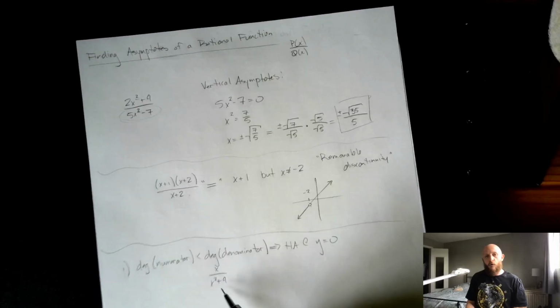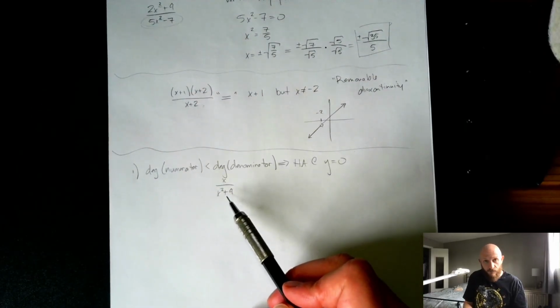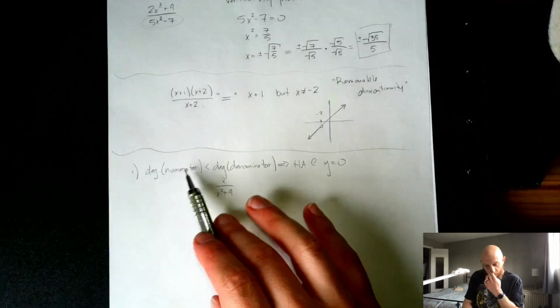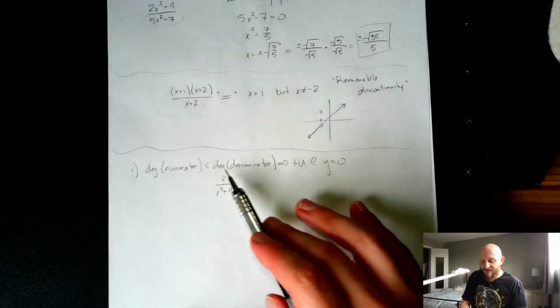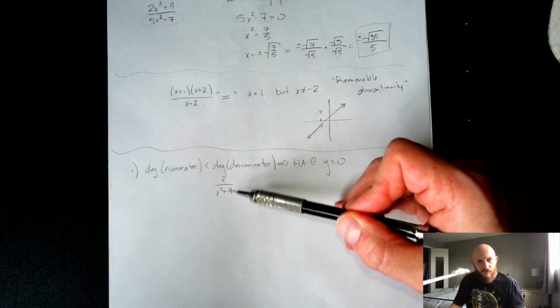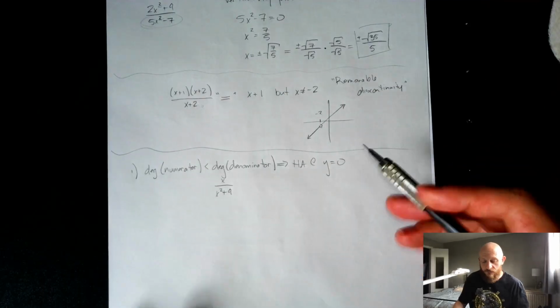This has a horizontal asymptote at y equals 0, which is the x-axis. Here the degree of the numerator is 1, the degree of the denominator is 2, so there's a horizontal asymptote at y equals 0.